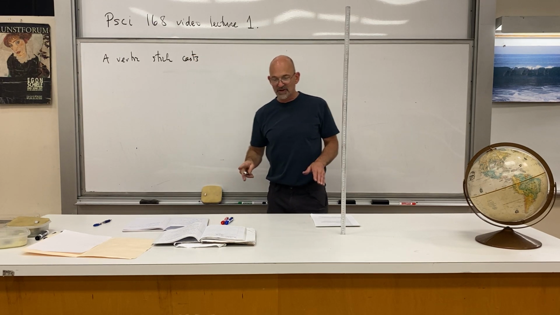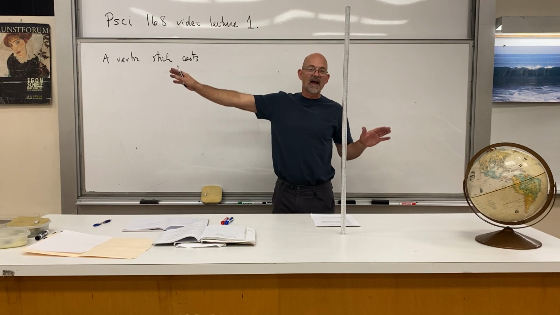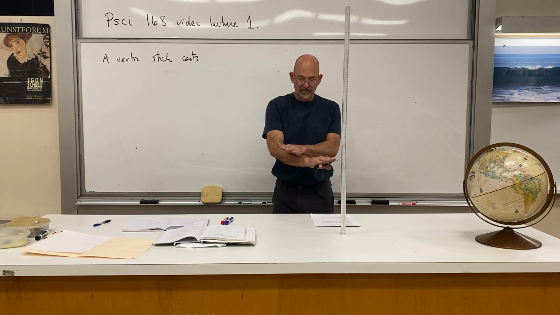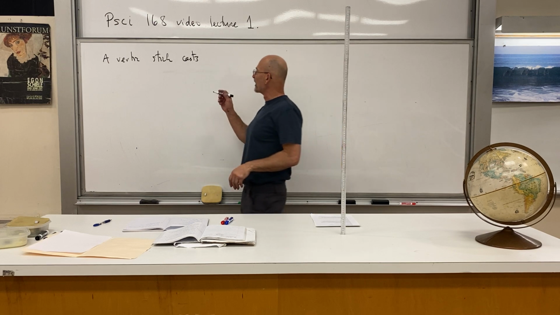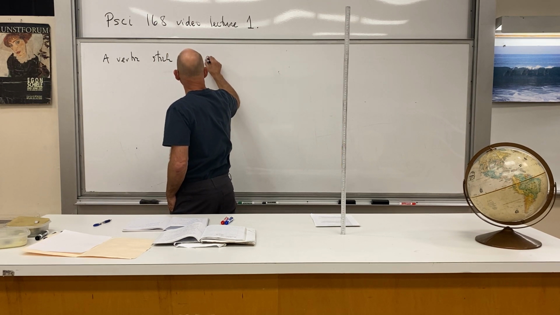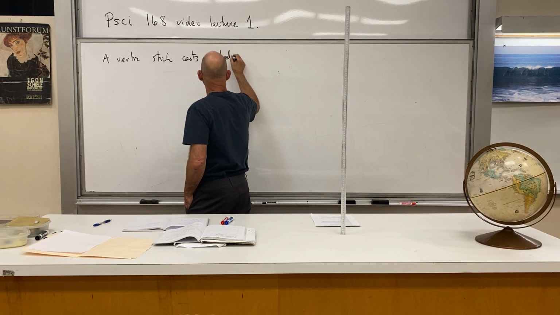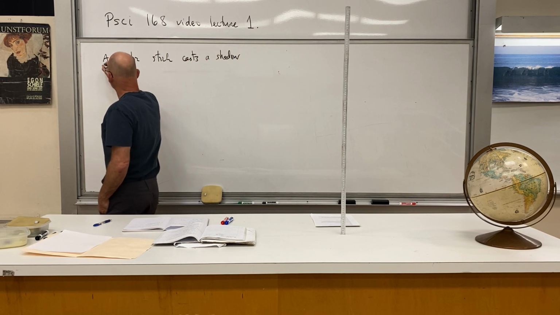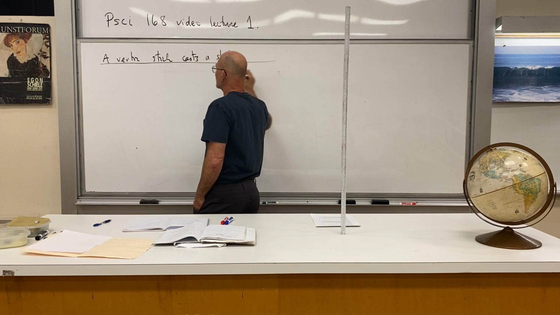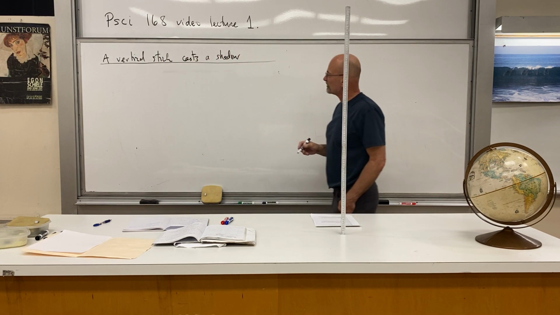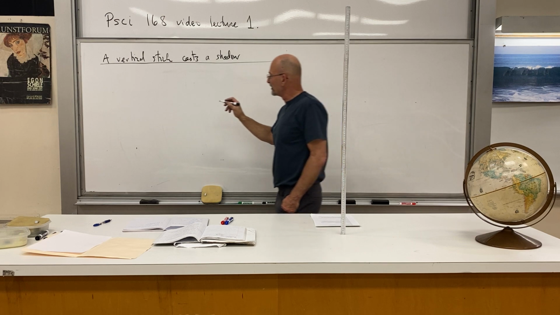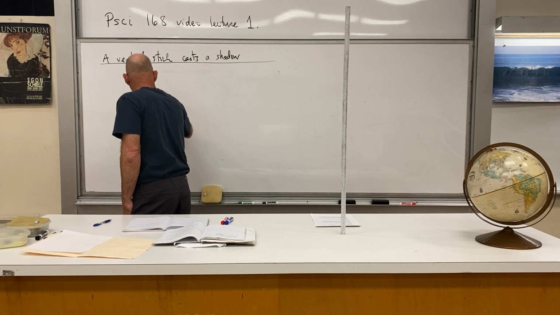So now we have to imagine we have a clear sky, we have sun, we have a flat piece of ground, and we have a vertical stick represented by that ruler. Shadow. Okay, so the vertical stick casts a shadow. For the purposes of that, I'm going to put my ruler here.